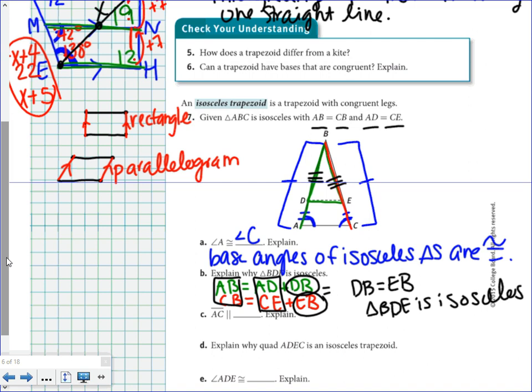Now looking at part C. AC is going to be parallel to DE. And the reasoning there.